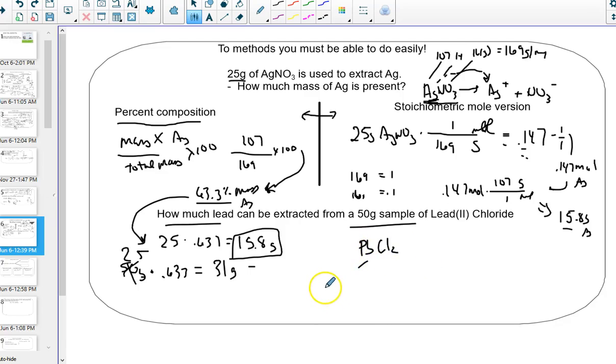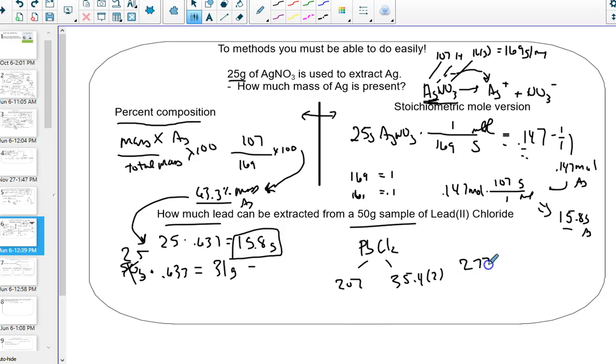Pb is 207. The chlorines are 35.4, and we have 2 of them. So 35.4 times 2 equals 70, plus 207 equals 277.8.